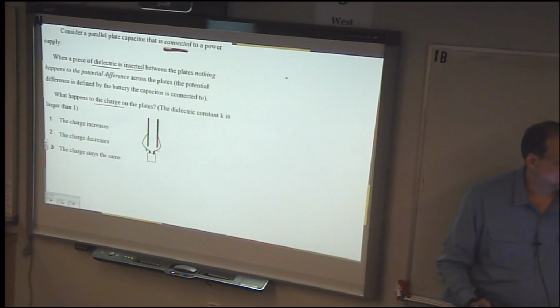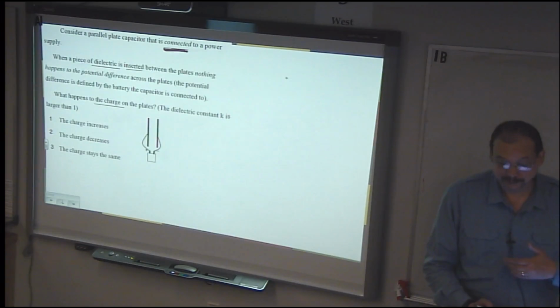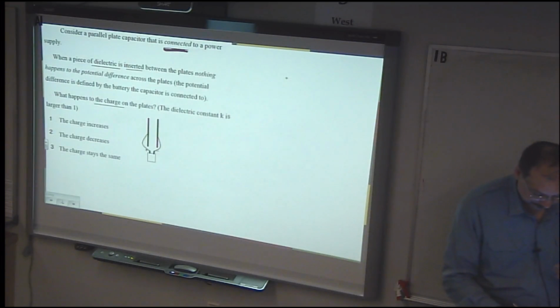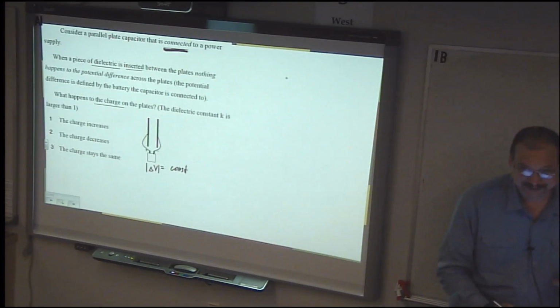Voltage. Why? Because it's not up to capacitor. It's up to the source of the voltage, up to the battery. So no matter what is happening, this variable is responsible for the voltage across the capacitor. It should remain constant.